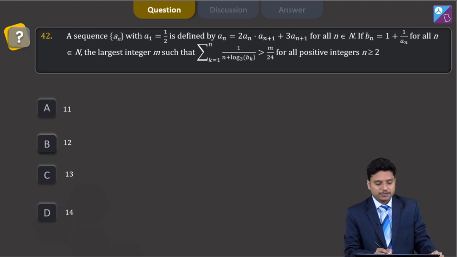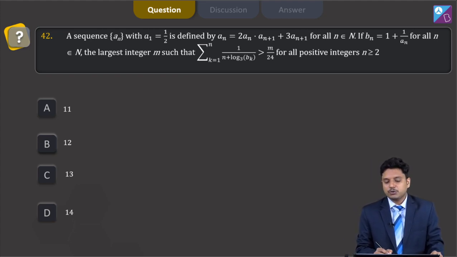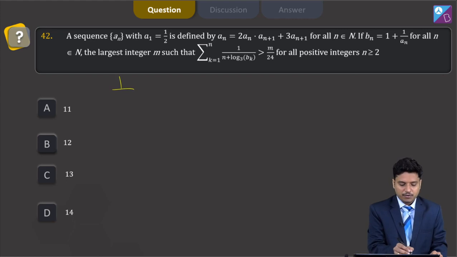So what we should first focus on, this an is equal to 2an into an plus 1 plus 3an plus 1. If we actually divide the whole expression by an into an plus 1, what we will get? We will get 1 upon an plus 1 is equal to 2 plus 3 upon an.